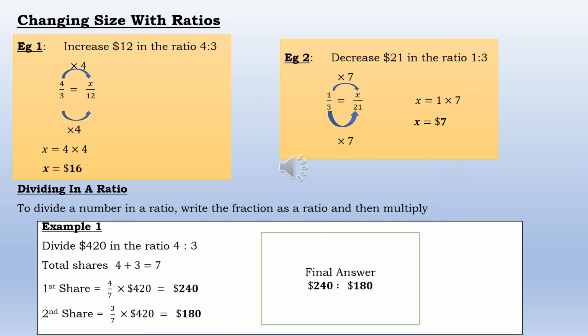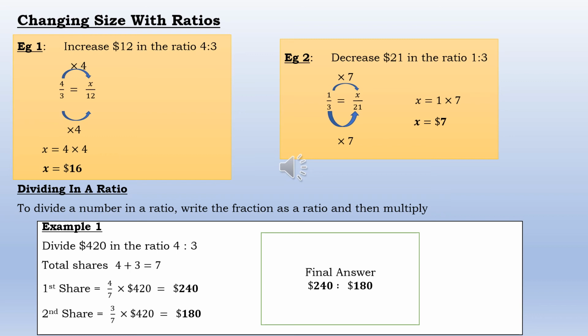Should it correspond to the numerator or to the denominator? So the answer will be an amount smaller than 21. So it's smaller, that will be corresponding to 1, and 21 will correspond to 3.